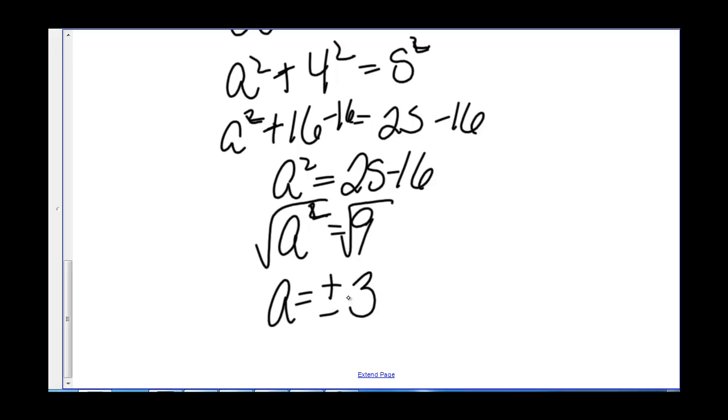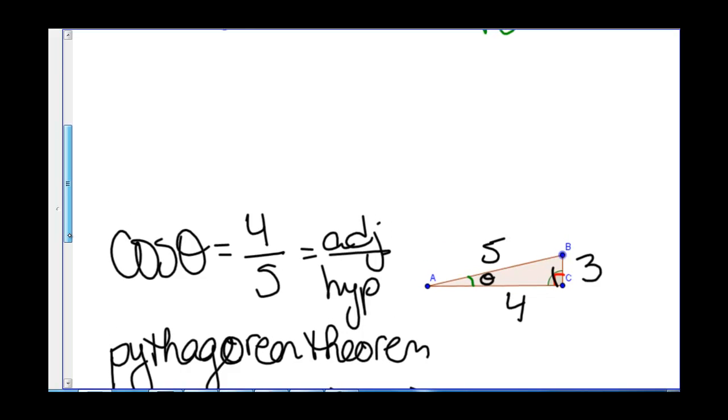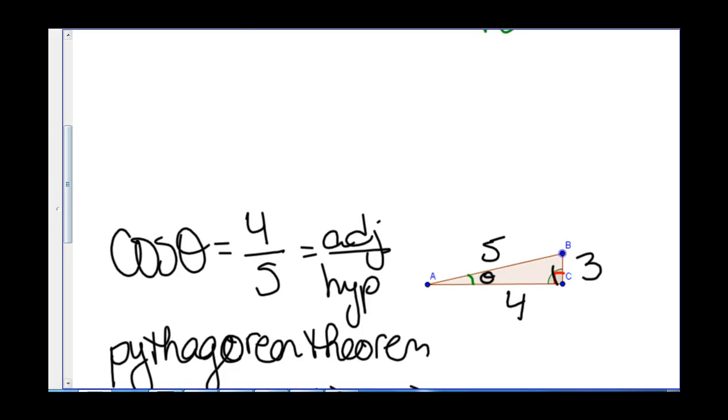But can we have a negative side length? No. So a is 3. So we'll come back up here. We know that this side is 3 now. So now we're ready to determine the other trigonometric function values.